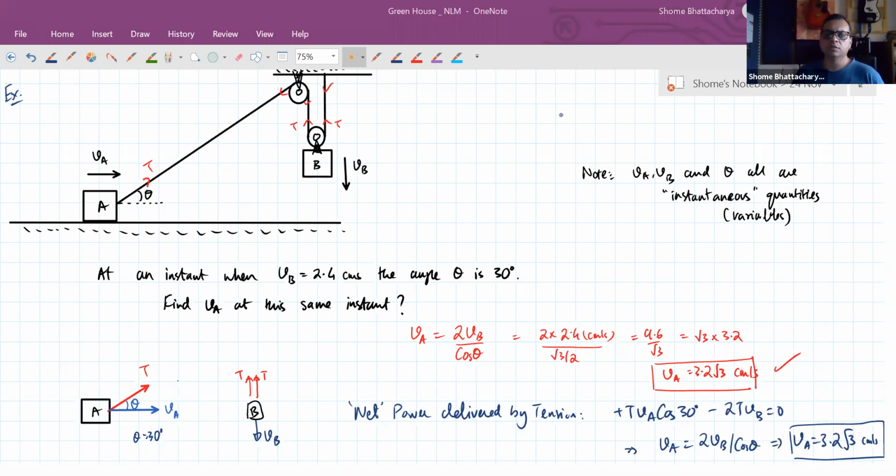You can always substitute root 3 as an approximate value 1.7, and the answer will come 5.5 something, I think. But you can leave the answer in this way also, in terms of root 3, doesn't matter.